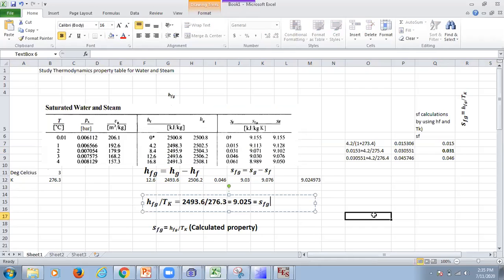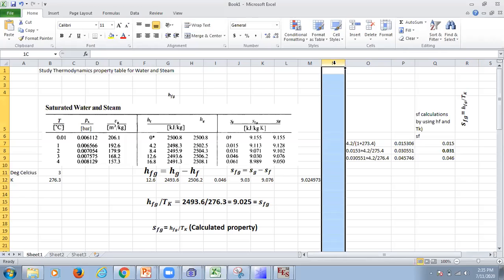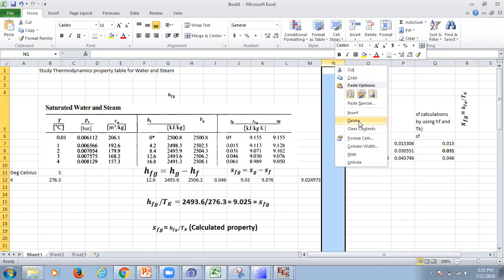Be patient. So to get here, what is this value? SFG is... Let me remove this column also.